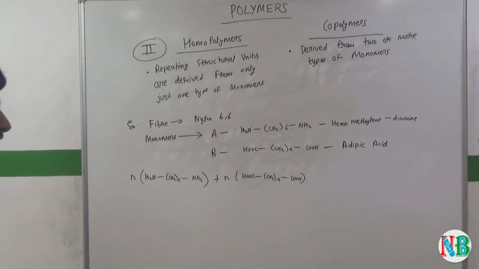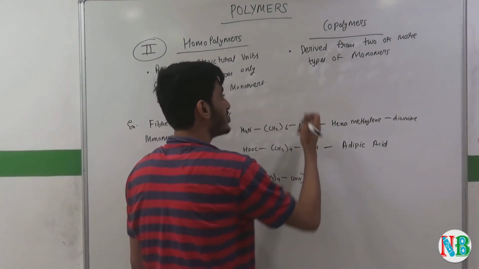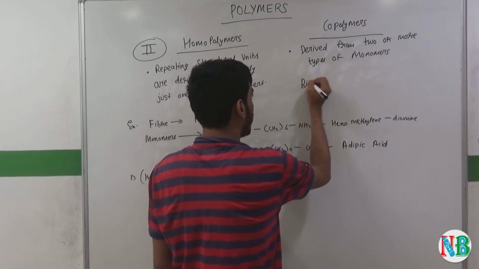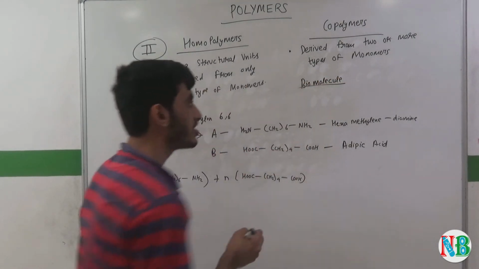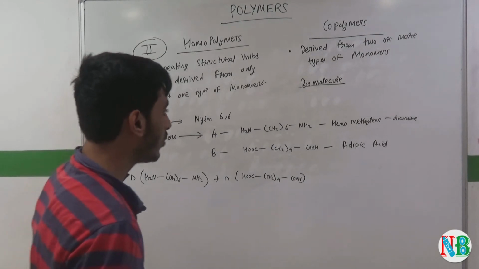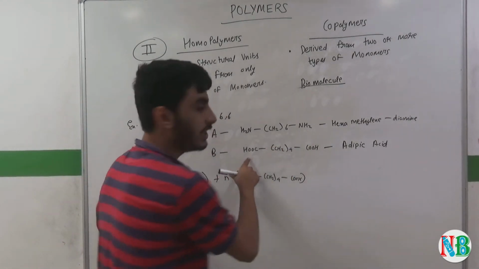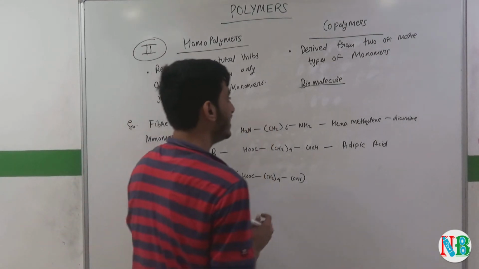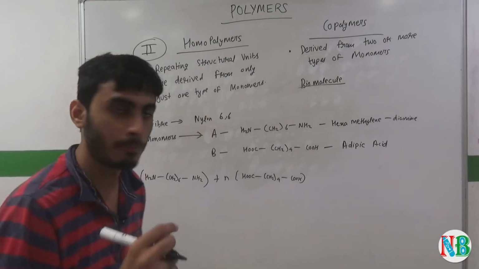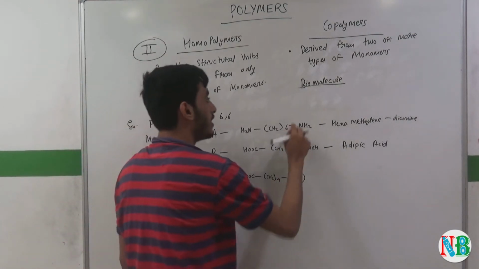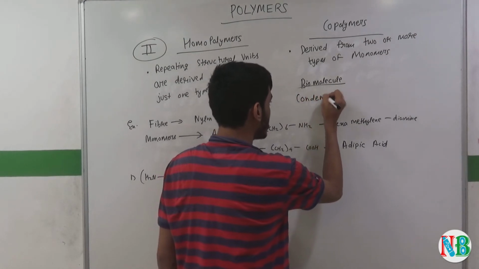We will see this further, and we have seen a similar kind of thing in the chapter on biomolecules. If you remember the chapter, you might also remember that an amine and a COOH combine with each other with the loss of an H2O molecule, and this kind of formation is known as a condensation polymer.